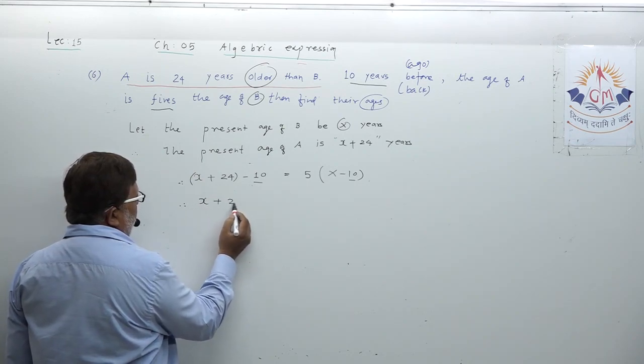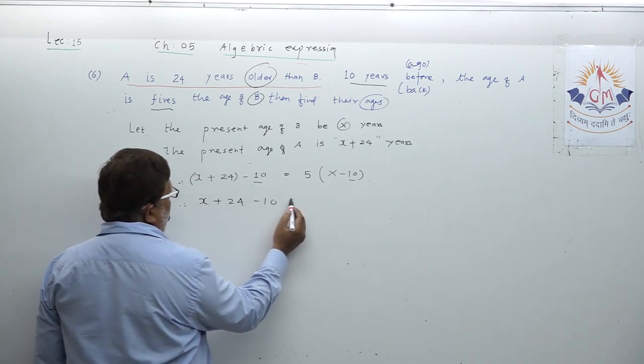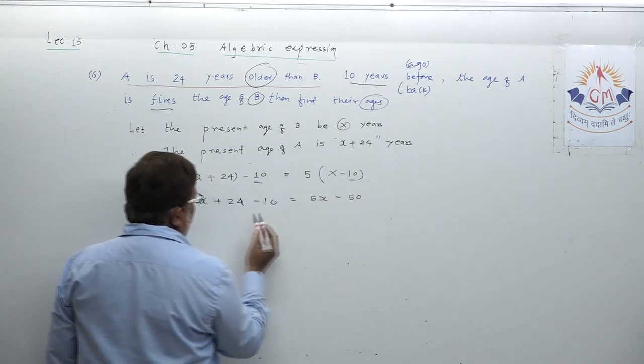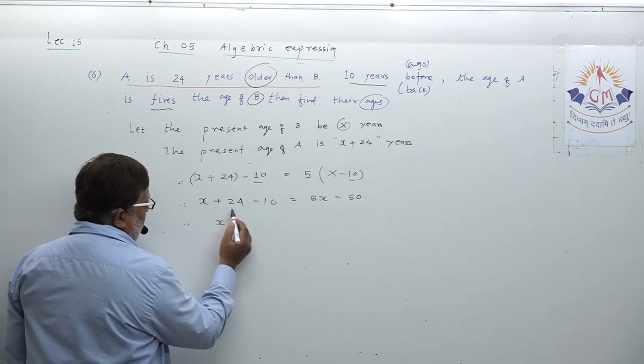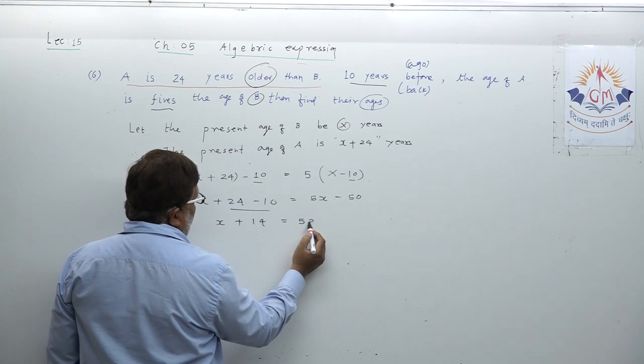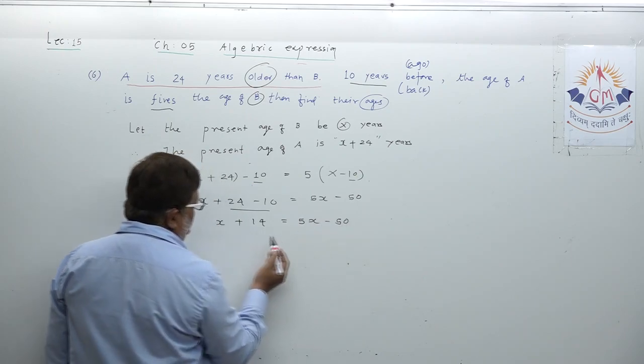X plus 24 minus 10 equals 5 times x minus 10. I am just simply opening the bracket, 5x minus 50. Like terms solved, x plus 14 equals 5x minus 50.